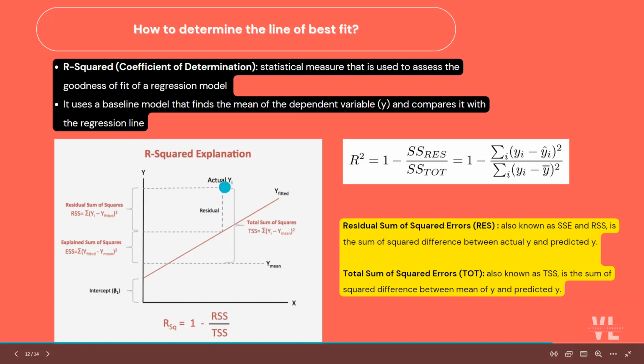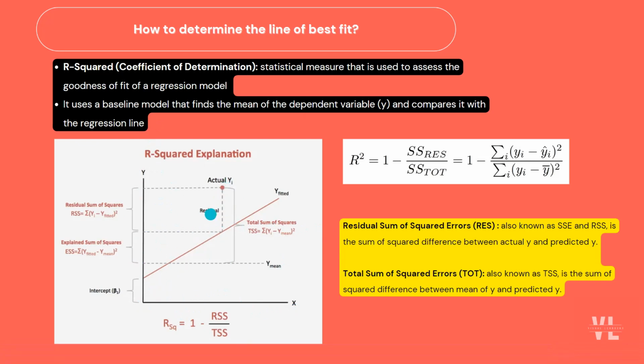After finding the mean of all of the data points, we can find the difference between the mean and each data point. So if this is the mean for all of the data points, which is represented by y mean, then we can find the difference between each data point and that mean, and after squaring each term we can find the summation, and then we call it the total sum of squared errors.